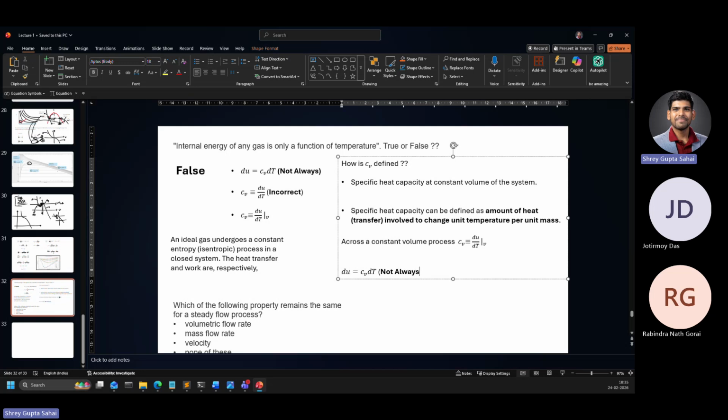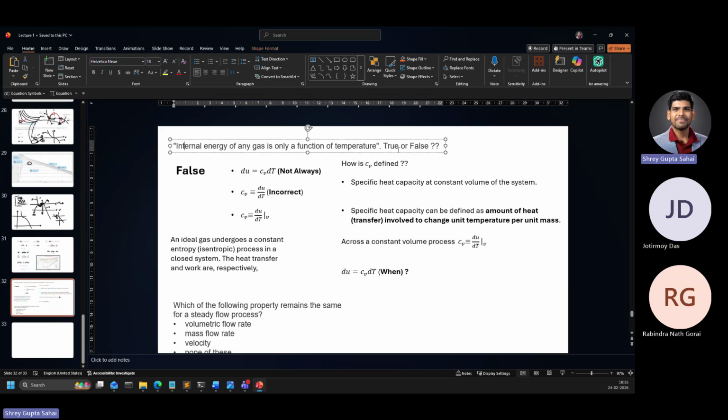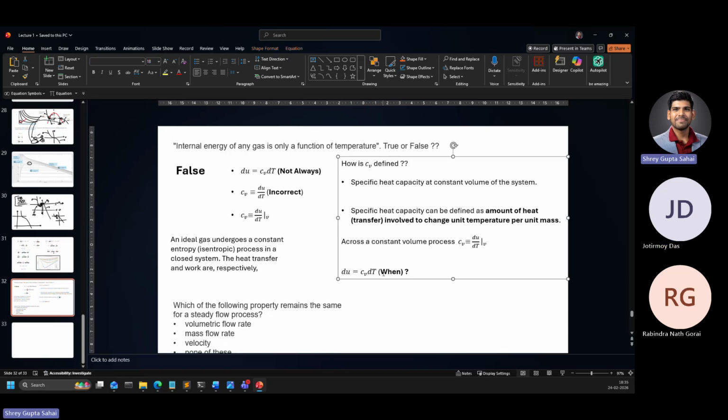So my question is when? Rather than simply telling you that internal energy is not a function of temperature in general, let me ask when it is only a function of temperature. I think this is something that you have already done. So can you tell me this?